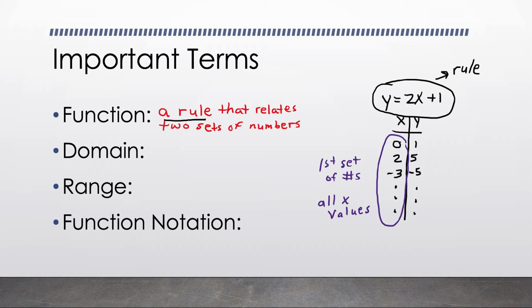And when we talk about the set of all x values, we are talking about the domain for a function. So I'm going to come back over here to my important terms, and I'm going to write for the domain the set of all x values. So that's the first set of numbers.